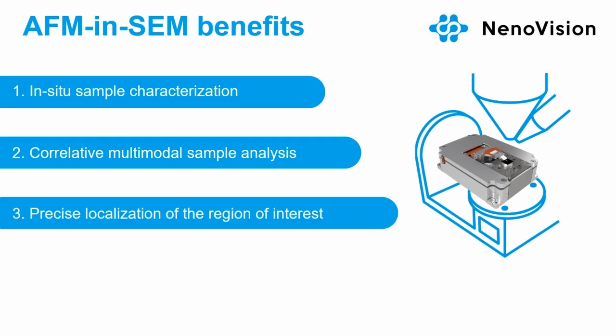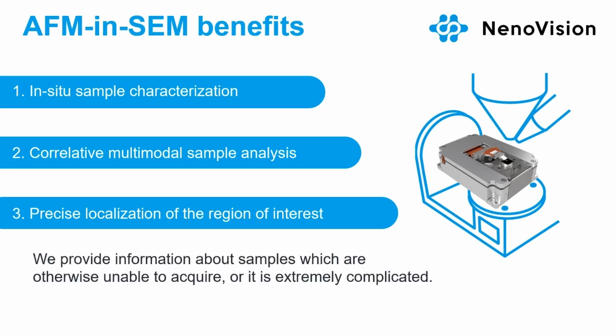And the third obvious advantage is precise localization of the region of interest with the high resolution of SEM, where you can navigate your AFM tip directly where you want. With this approach, we believe that we provide information and properties about the samples which are otherwise not possible to acquire or are extremely complicated.